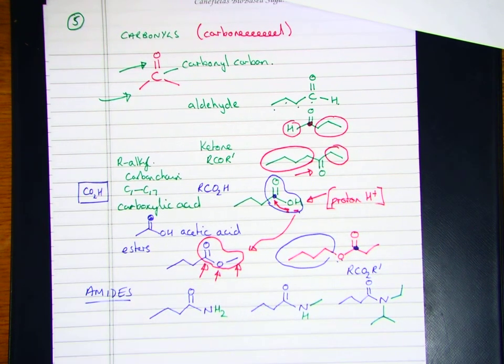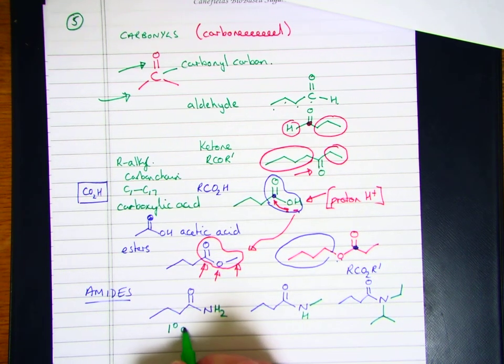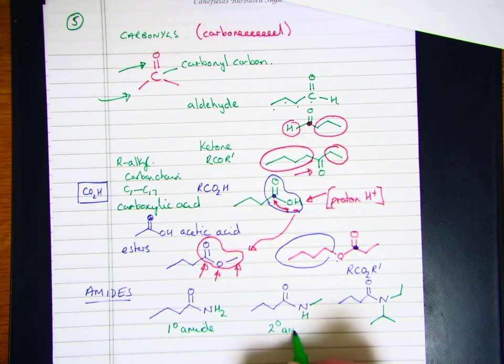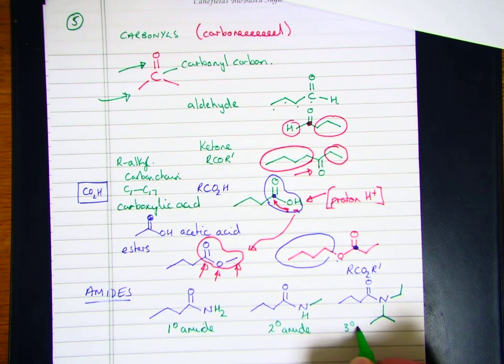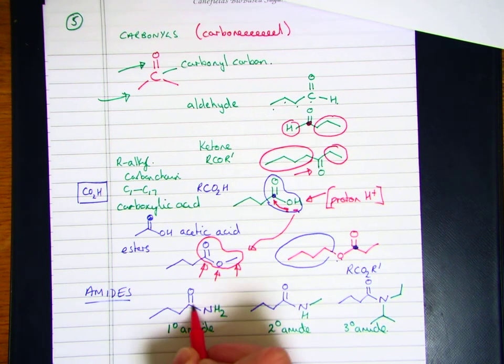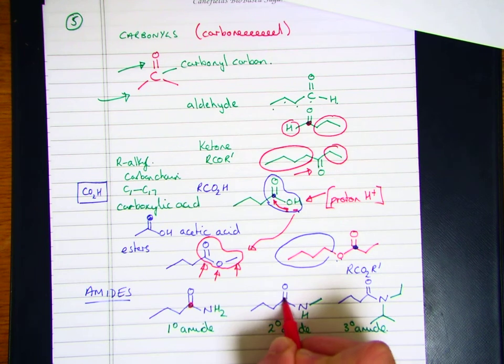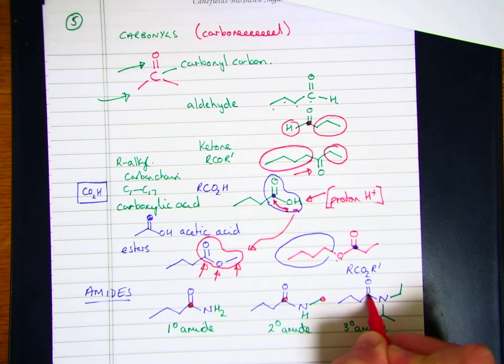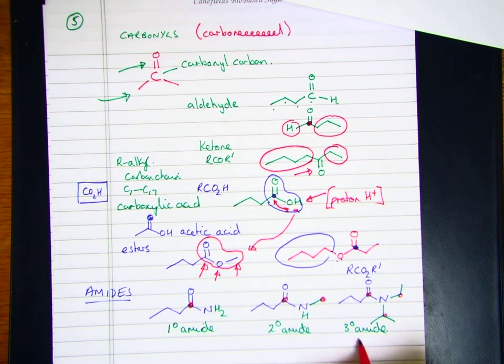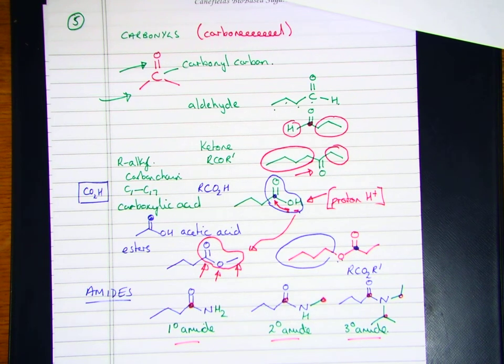And I know you're already going to give the answers. I can hear you even through the internet. This is a primary amide. This is a secondary amide, and this is a tertiary amide. Because this nitrogen is attached to only one carbon, this nitrogen is attached to 2 carbons, and this nitrogen is attached to 3 carbons, which makes it tertiary, secondary, and primary respectively.